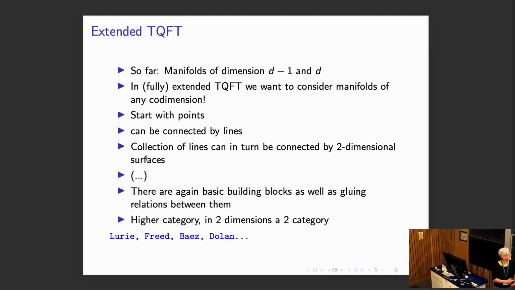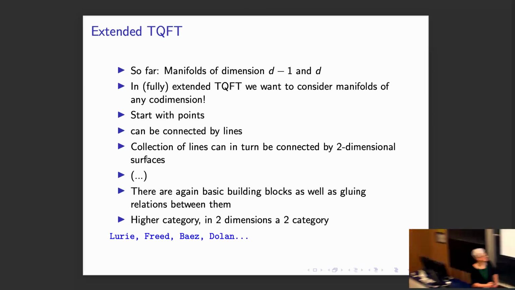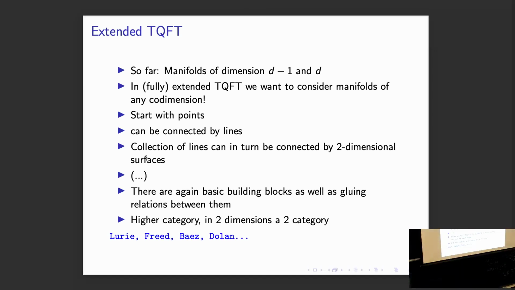So then there are again basic building blocks, as well as gluing relations that you have between them. And this whole structure is captured by a higher category. For us, it's the two-category.